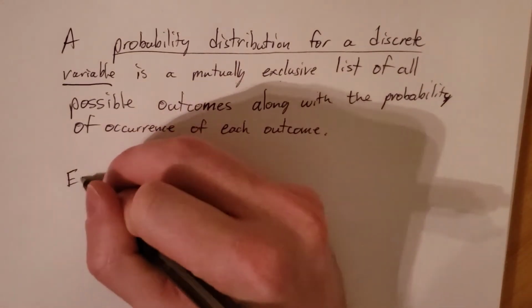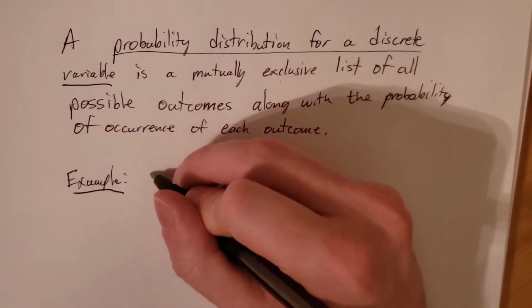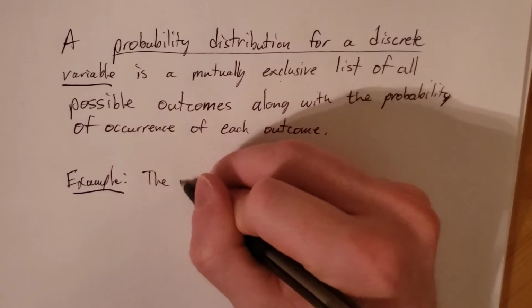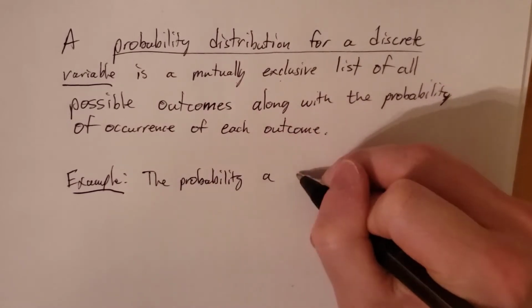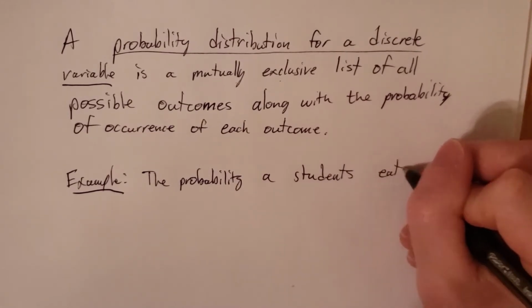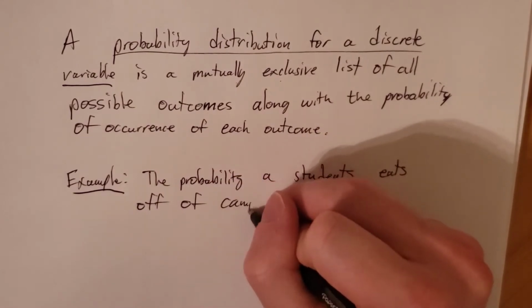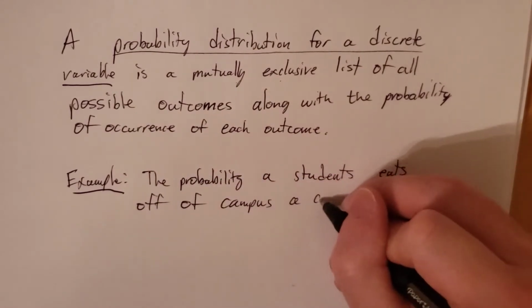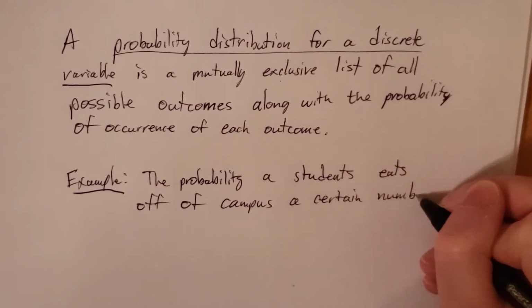So let's look at an example where we see the probability a student eats off of campus a certain number of times per month.